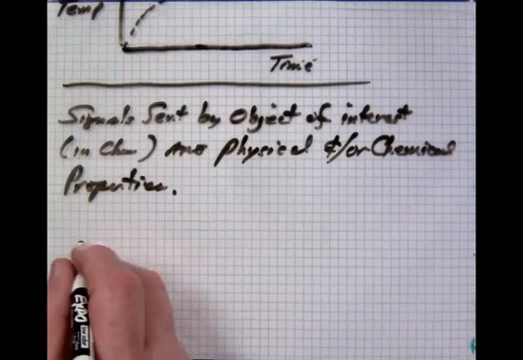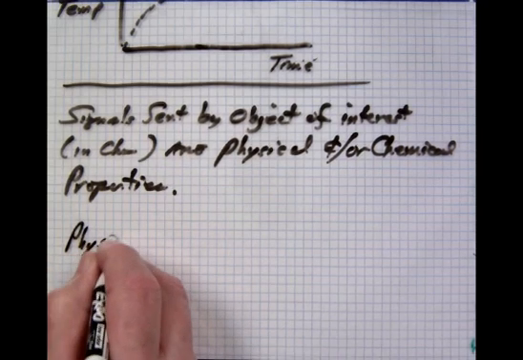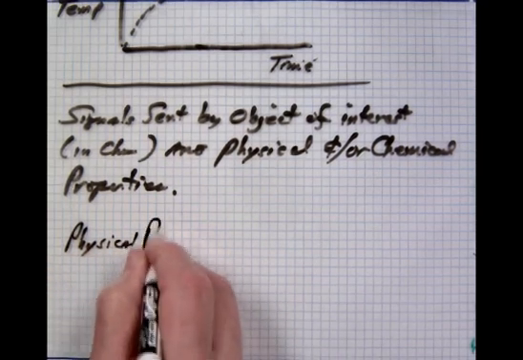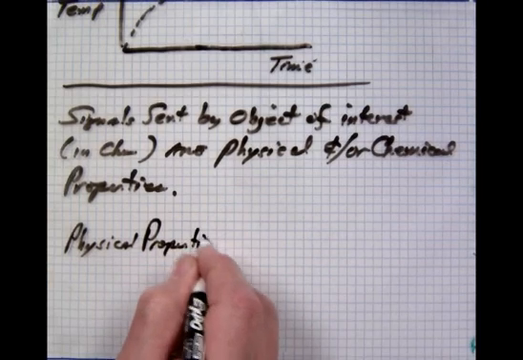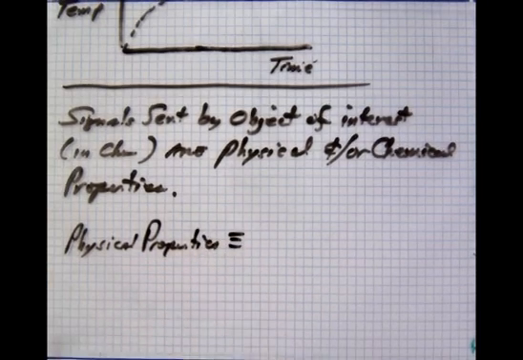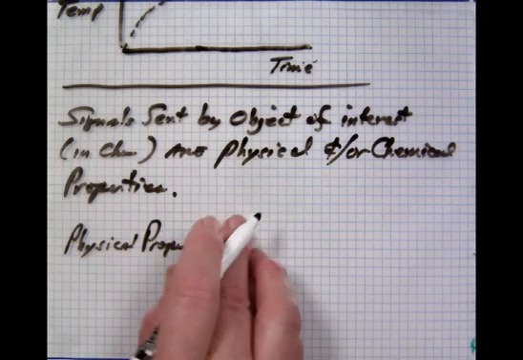Physical properties are defined as properties that can undergo change, will change, but the basic substance does not change. You can call them physical changes.